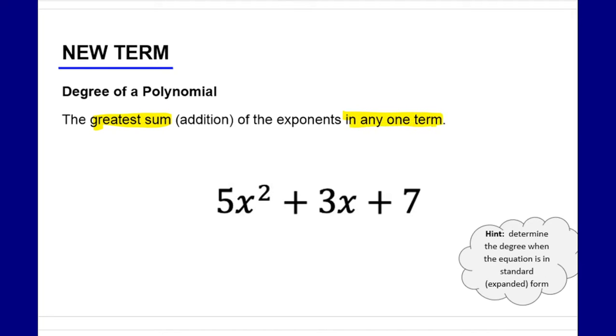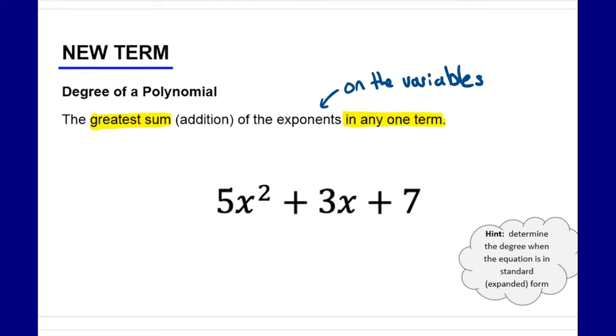So we're going to look at the exponents in any one term, and the largest sum that we have, that's considered our degree. Now one thing to keep in mind when we're dealing with the exponents, it's the exponents on the variables. So the exponents on the letters.